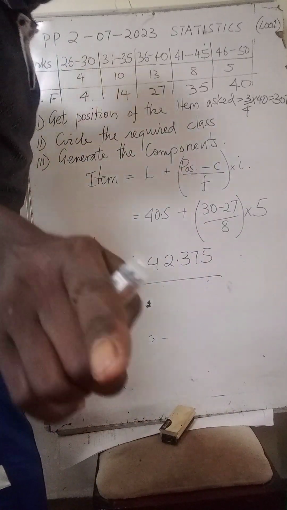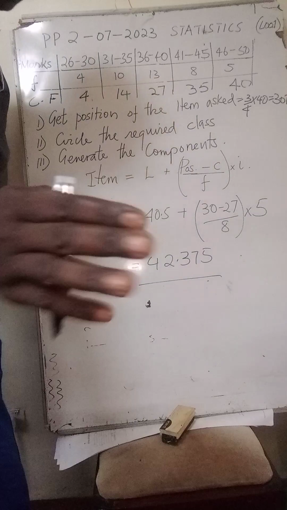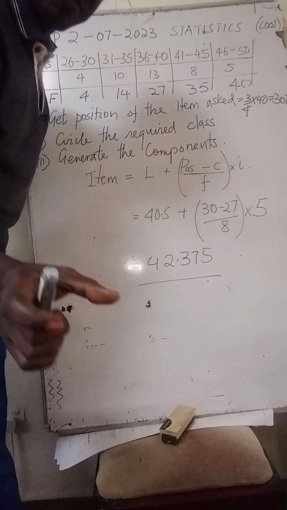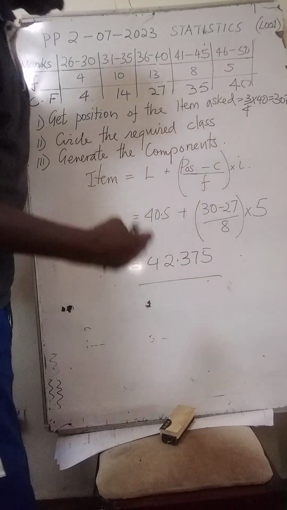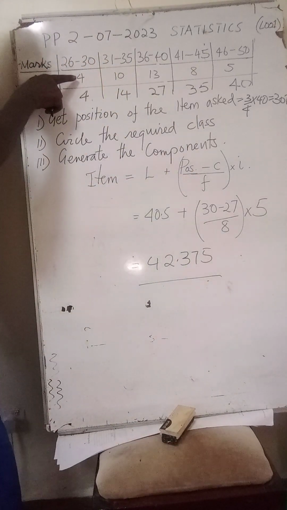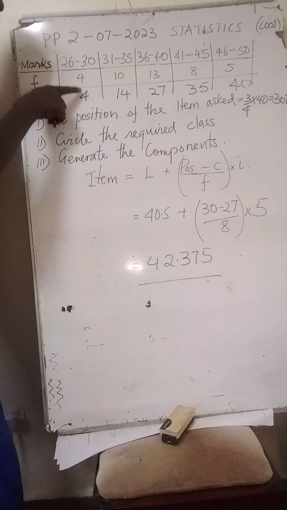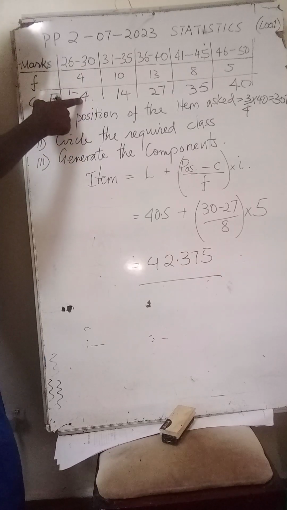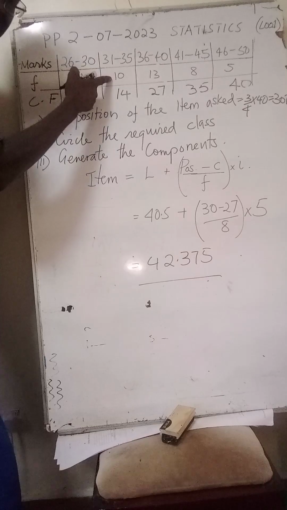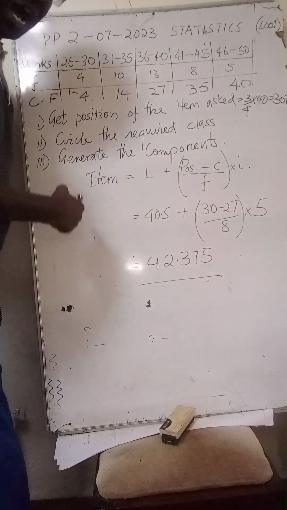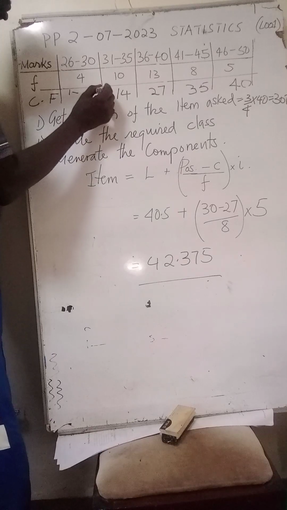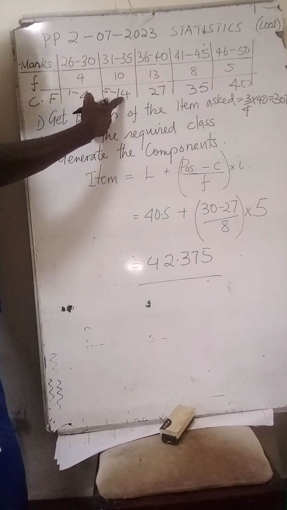Now let me show you what is meant by CF. CF is the arrangement of the items. I have 4 items which have to be arranged from number 1 up to 4. There are also 10 items which have to be arranged on the same line, so they will start with position 5 up to 14.